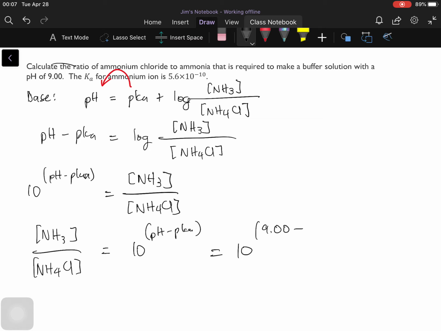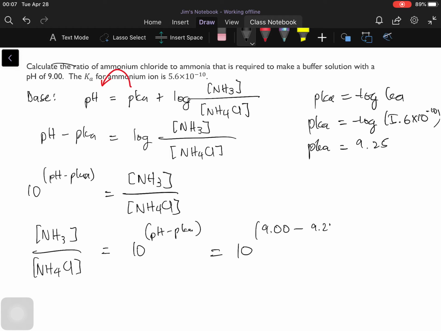So let's solve for the pKa first. pKa is the negative log of your Ka. So pKa is equal to negative log of 5.6 times 10 raised to negative 10. So that's 9.25.